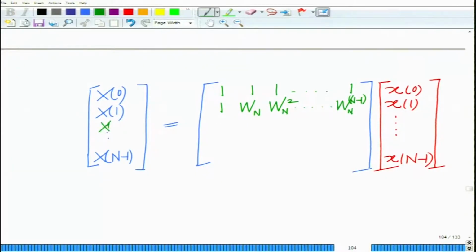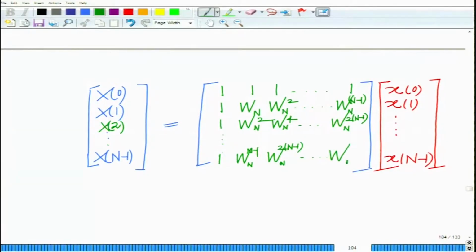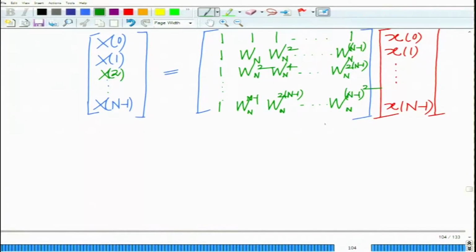X2 will be 1 times x0 plus Wn square times x1 plus Wn 4 times x2 plus Wn raised to 2 times n minus 1 times xn minus 1, and the last row, Xn minus 1, will be Wn raised to n minus 1 times x1, Wn raised to 2 times n minus 1 times x2 and Wn raised to n minus 1 square times xn minus 1.